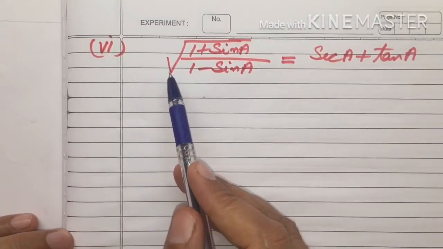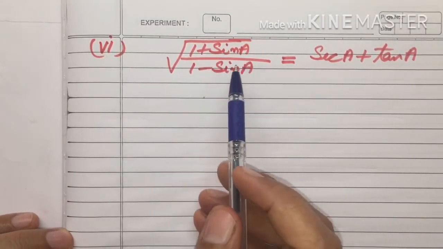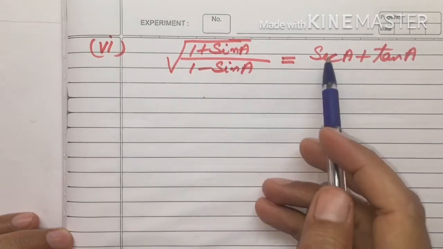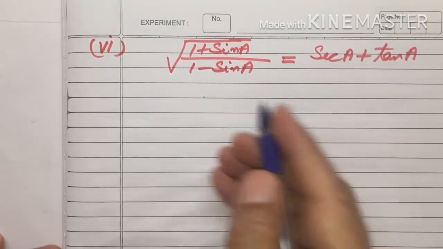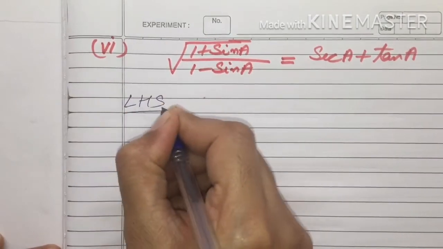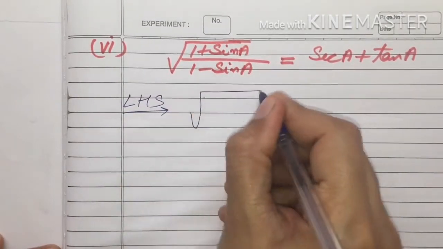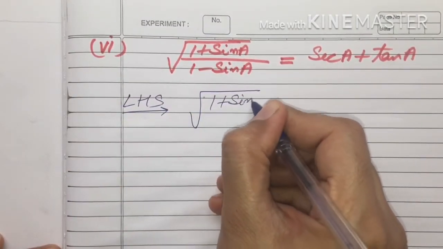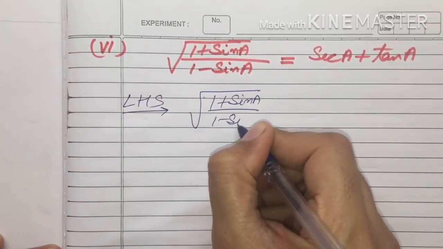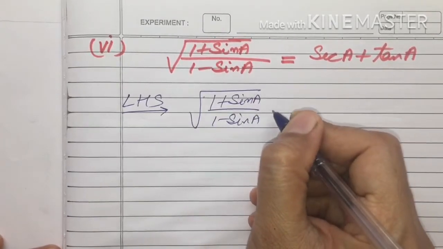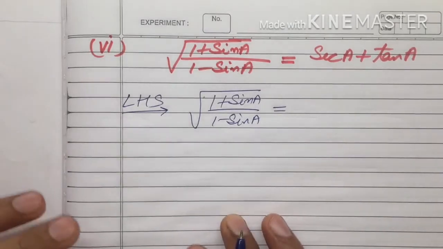Sixth part: root of 1 plus sine A upon 1 minus sine A is equal to secant A plus tangent A. Let's start with the left hand side. In the left hand side, 1 plus sine A and 1 minus sine A are under this root. So we can rationalize this.